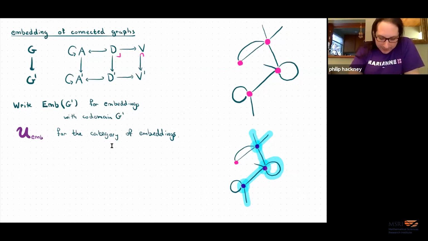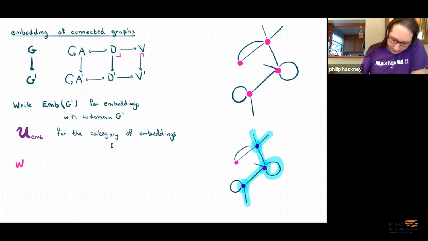And I guess one thing to emphasize, a warning here: embeddings are not monomorphisms. Not always.